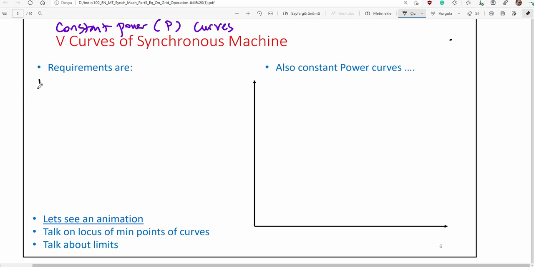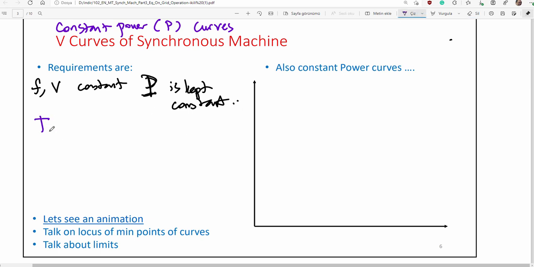Frequency is constant, voltage is constant, and the active power of the system is kept constant. If it is a generator, the electrical output of the generator must be kept constant. If it is a motor, the shaft load of the motor must be kept constant.